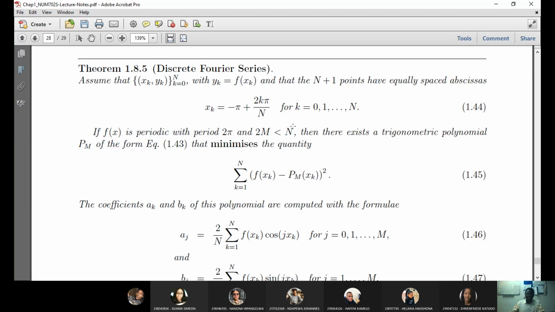So if this condition is satisfied, then we can find P_m that will minimize this quantity. This is our least square error, if you remember. So it's a minimization. The trigonometric polynomial will only exist if this condition is satisfied, so it is important to bear this in mind.